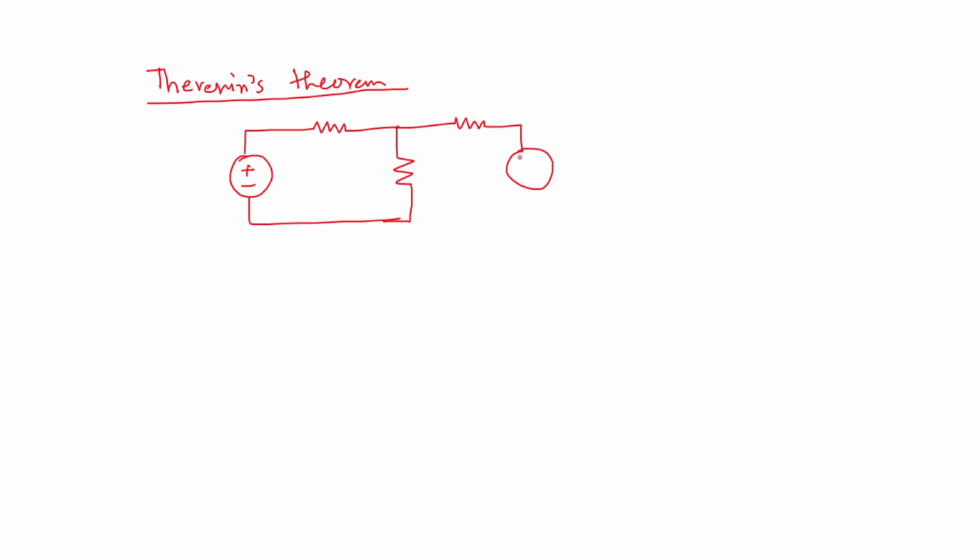So this is any network, a rough, arbitrary network. Let us say this is V1, this is V2, this is R1, this is R2, and this is R, or RL rather, which is our load resistance. So what will be the current flowing?